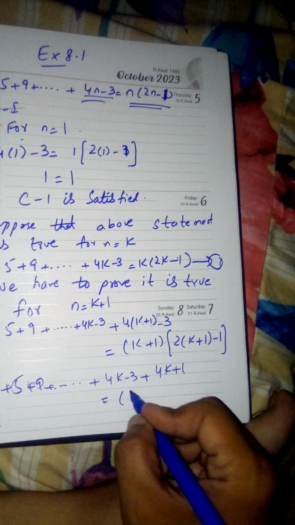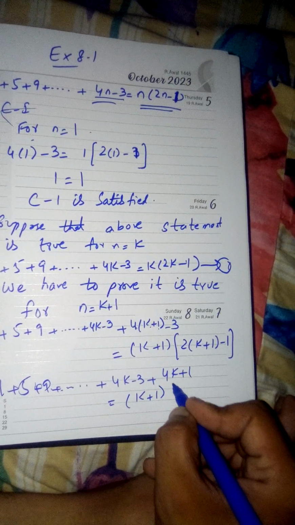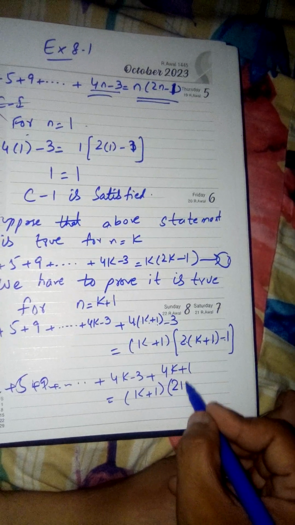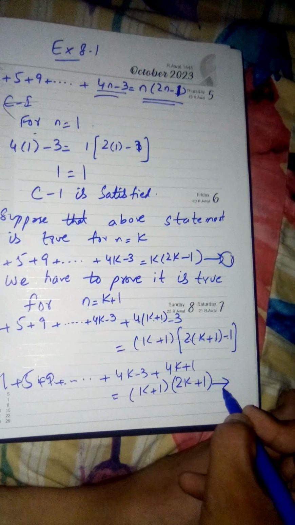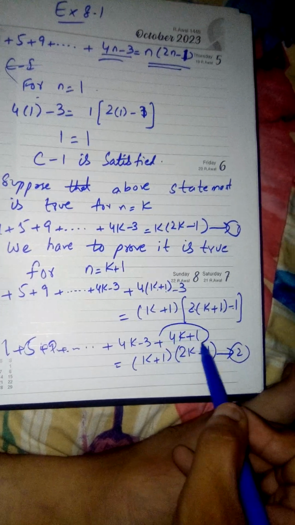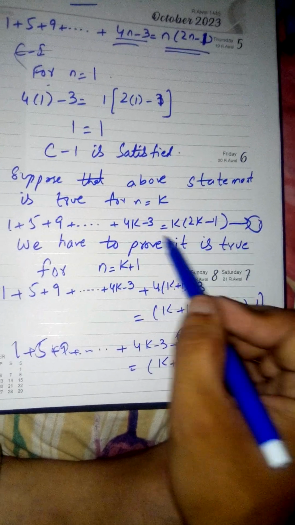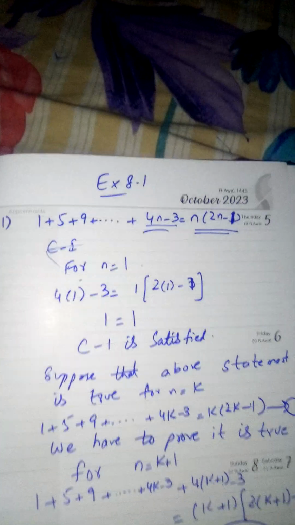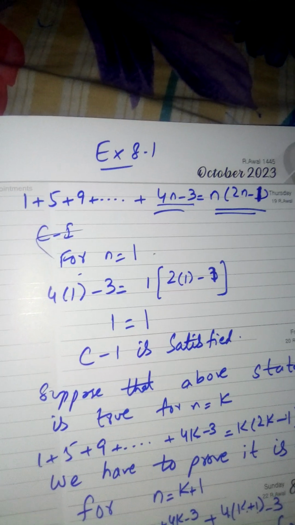Now we add the term 4k plus 1 on equation number 1, on both left hand and right hand sides.